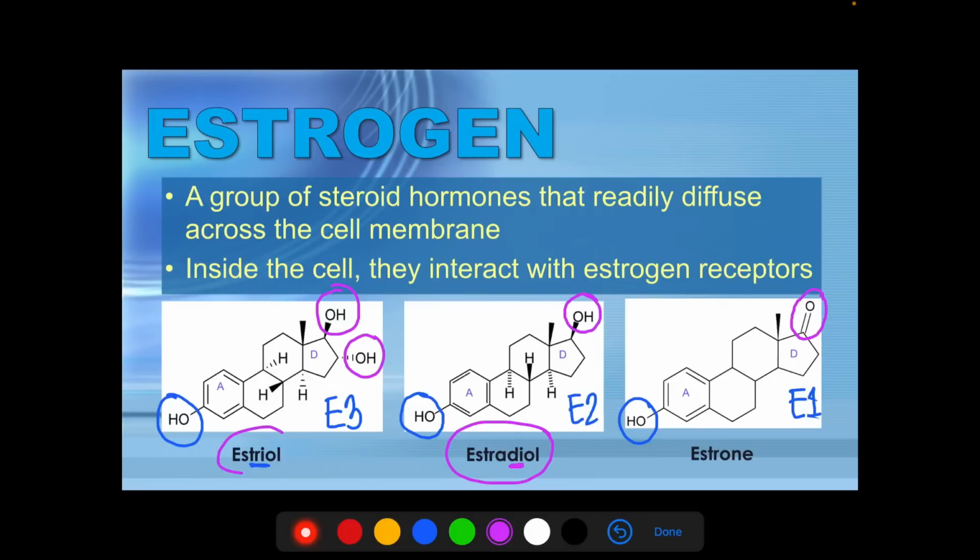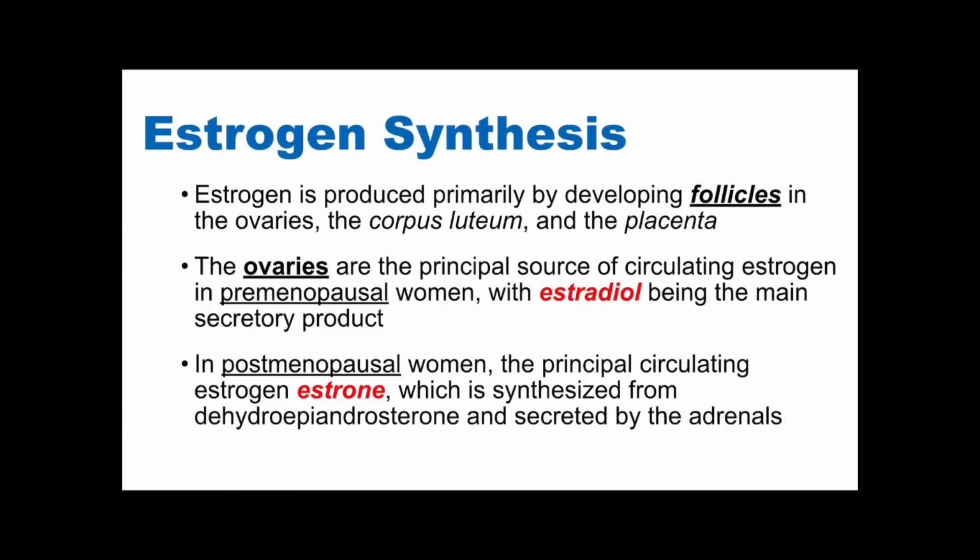Estradiol and estrone are of clinical importance during pregnancy. Another one that you have to take note of is the E1. This estrone is the only estrogen that is present in any amounts in women after menopause. So that's for estrone or E1.